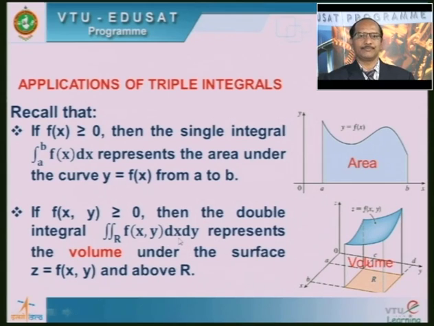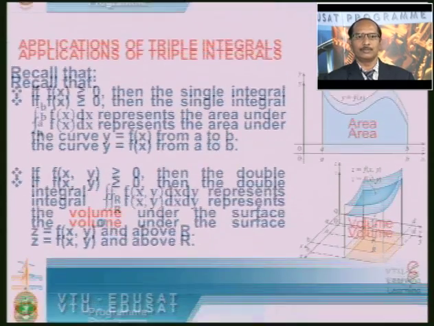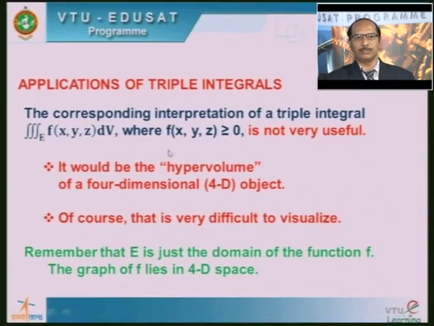Then move to the triple integrals. What is the representation of the triple integral? When f(x, y, z) is greater than or equal to 0, the double integral represents volume and the single integral represents area, so what does the triple integral represent?